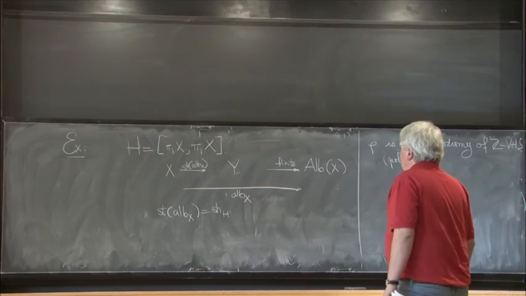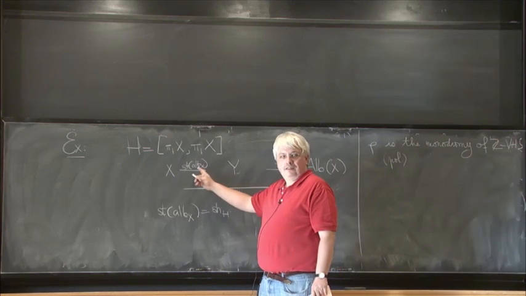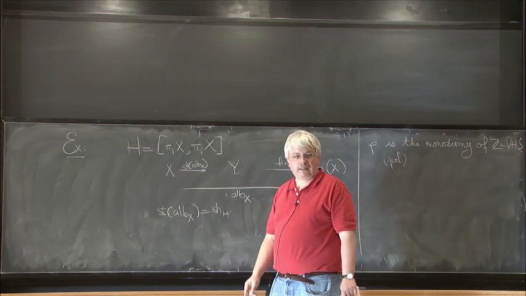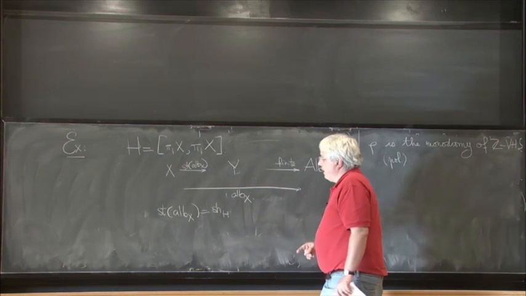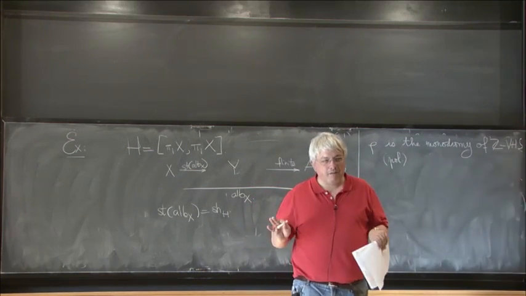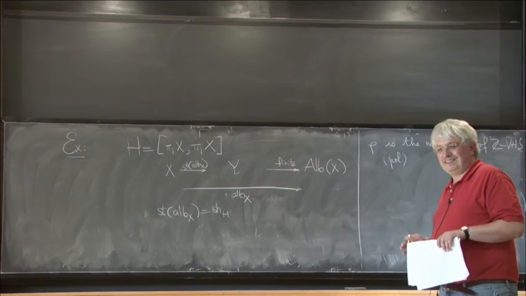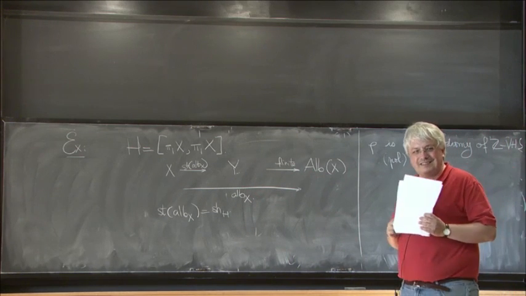But the Stein factorization, the fibers, the guys who are contracted by the Albanese morphism, are completely the same. The translation will not change anything.